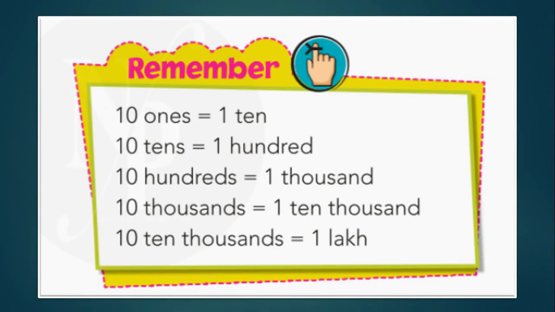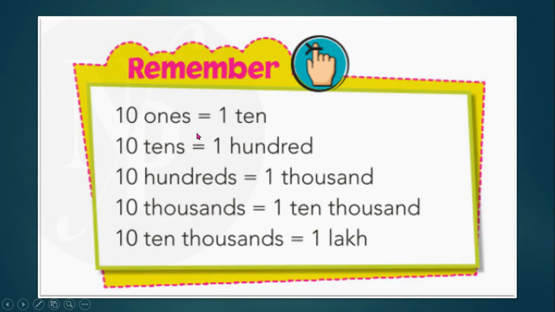Before going to addition of numbers with regrouping, we need to remember these facts. That is, 10 ones is equal to 1 ten.